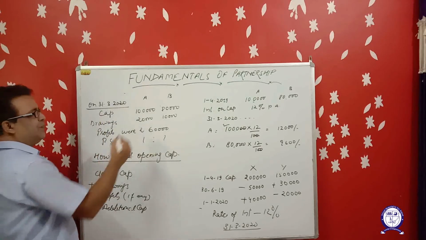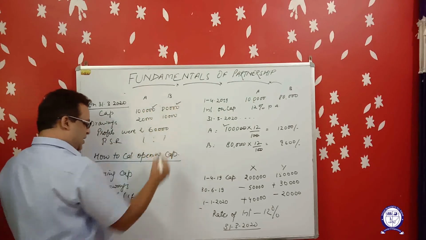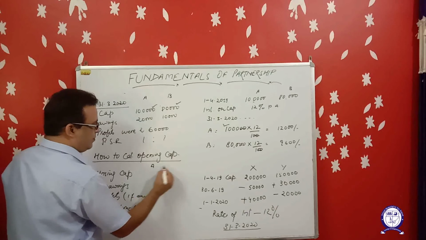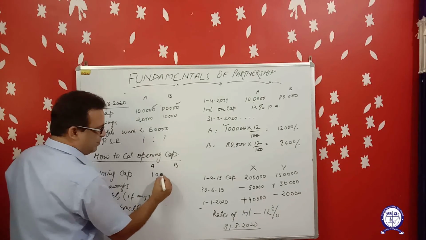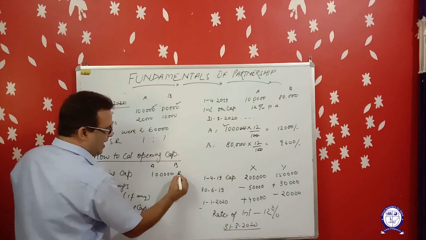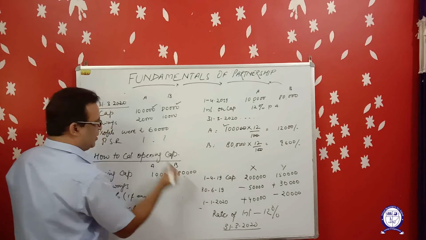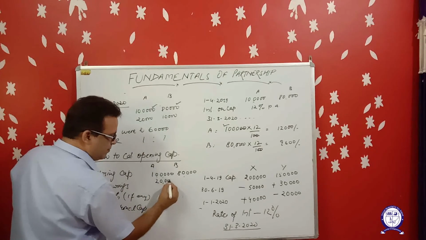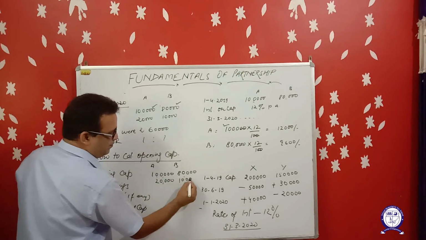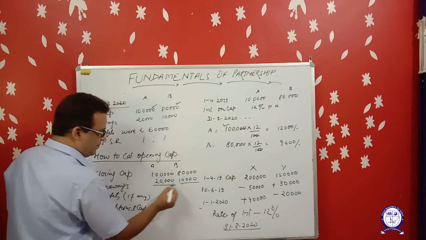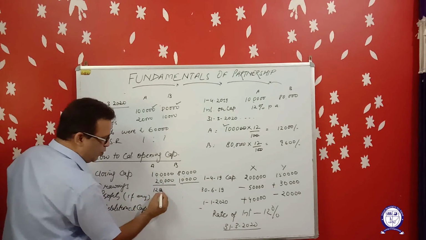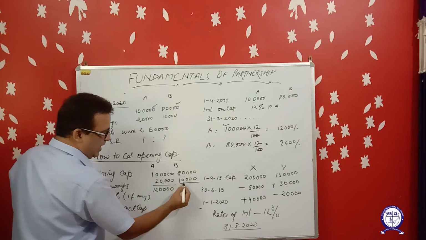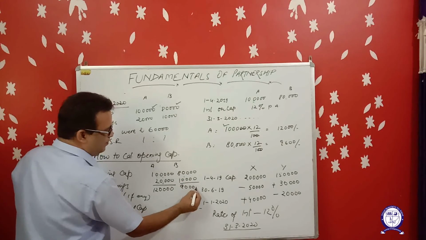In this question, closing balance of capital is 1,80,000. Drawings are given 20,000, 10,000. Add them. 1 lakh plus 20, 120. 80 plus 10, 90,000.